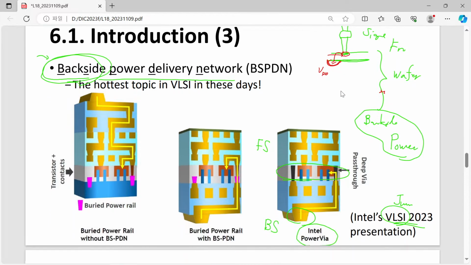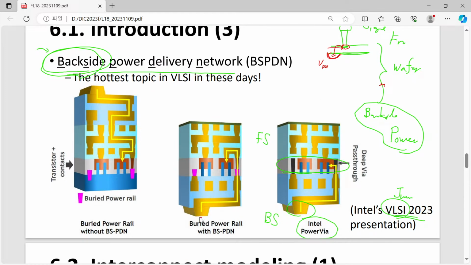Depending on the version, one starts from the backside, but eventually goes to the front side and feeds into our transistor. That is one version, and Intel is now advertising a new idea where they can provide the signal not going into the top but just from the side of the transistor. It can provide the power to our transistors, whatever.